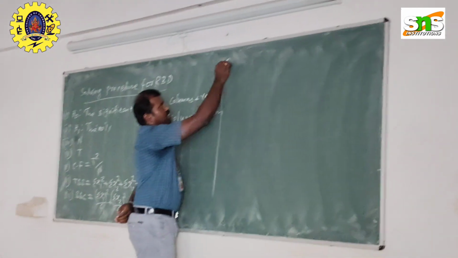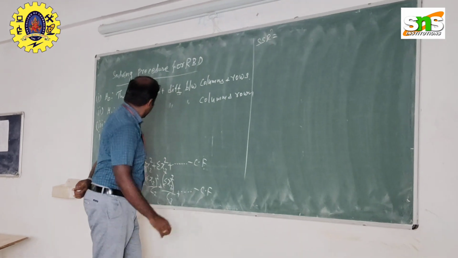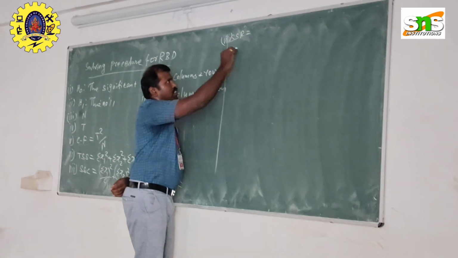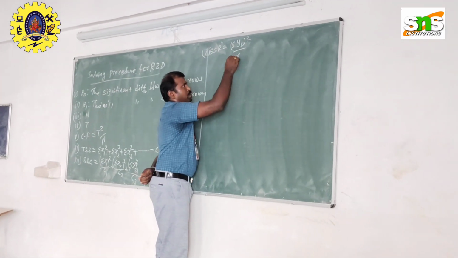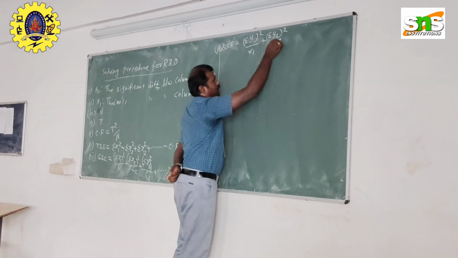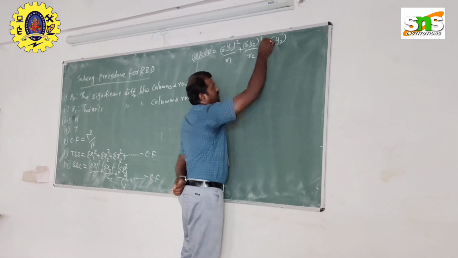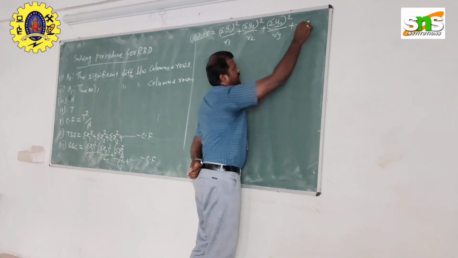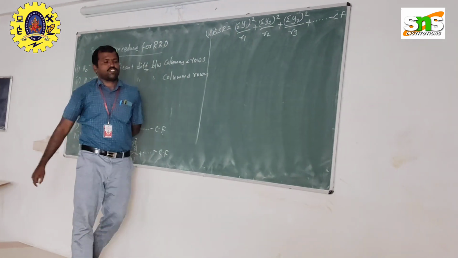And the next one is SSR, the eighth one. The SSR formula is summation y1 the whole square by r1 plus summation y2 the whole square by r2 plus summation y3 the whole square by r3 plus etc. minus correction factor.